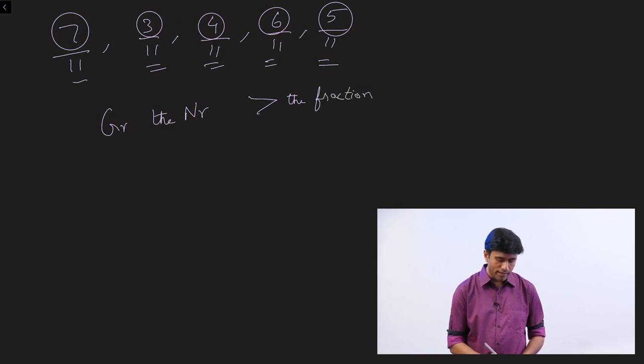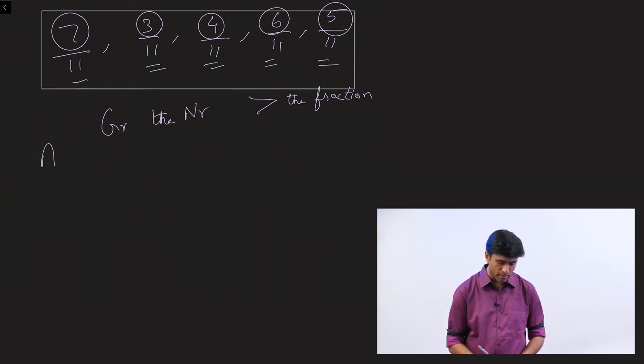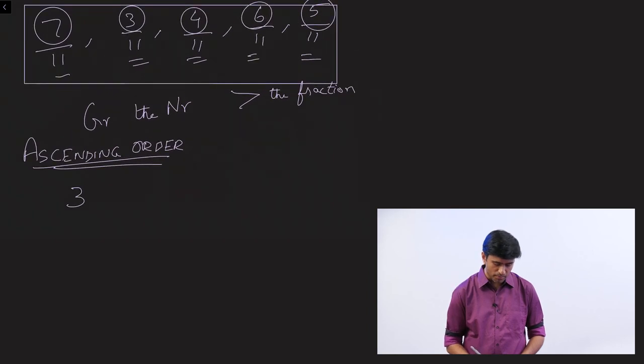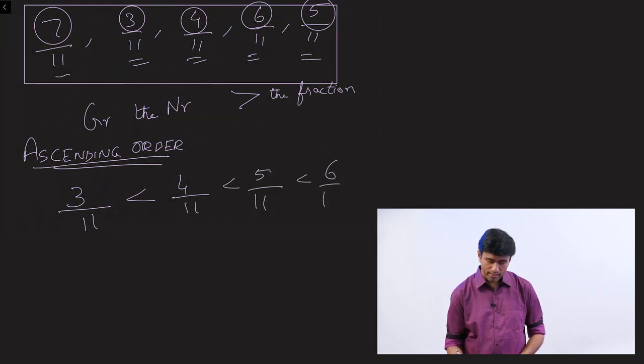If I ask you to write these fractions in ascending order, how do we do it? We know ascending order is from the smallest to the biggest. So, the smallest is 3. 3 by 11 is less than 4 by 11, is less than 5 by 11, is less than 6 by 11, is less than 7 by 11.